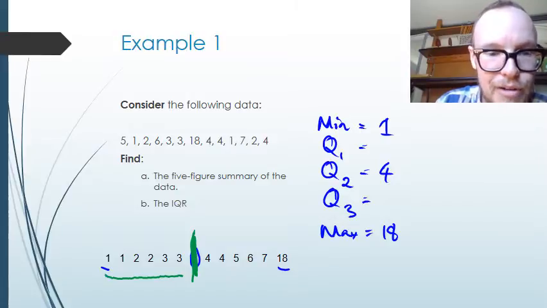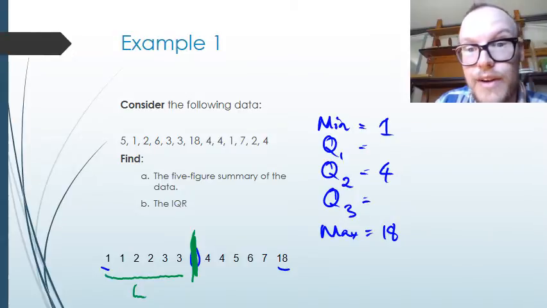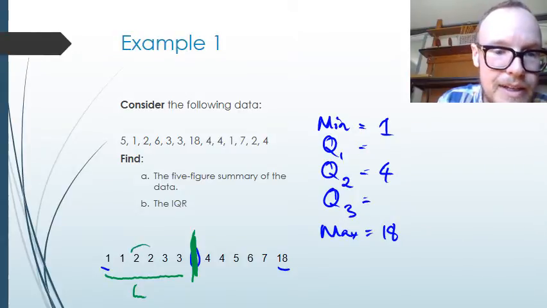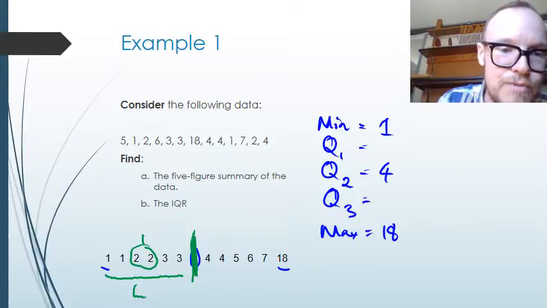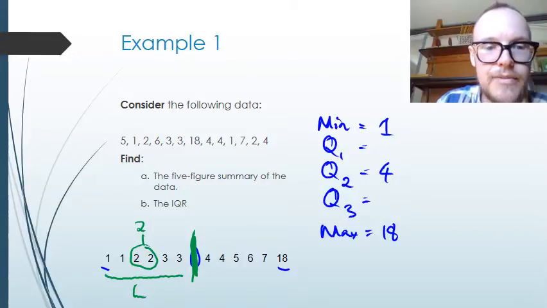Below the median, we've got our lower half here, and we've got 1, 2, 3, 4, 5, 6 values. So Q1 is going to be the median of that lower half. The median here is 2, and so our value for Q1 is 2.